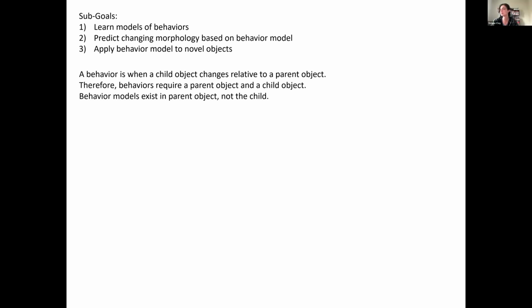Just to clarify, at the lowest level, like the first definition, where a child object changes relative to a parent object, can this child object be like the feature that comes from the sensor directly that changes, like color changes? That's a good question. I've avoided that for now.